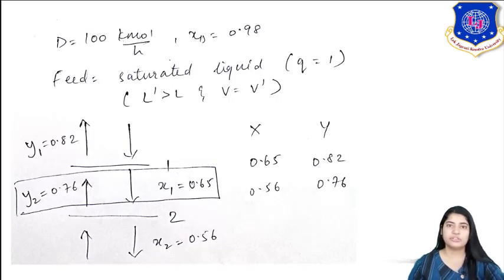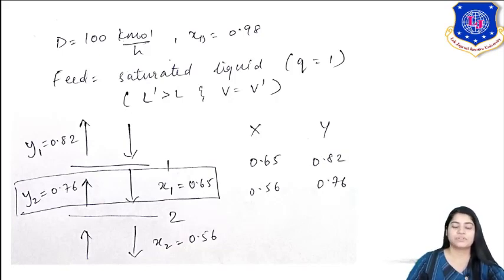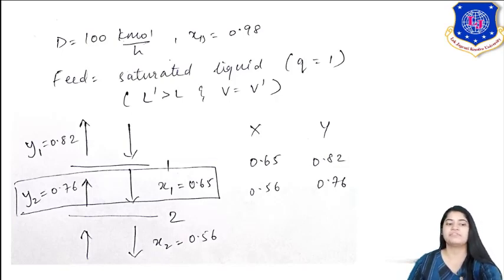Now let's talk about the adjacent plates. So you can see 1 and 2 are my adjacent plates. Be very careful how you are arranging your Y and X terms. From one plate the vapor leaving is Y1, 0.882. As you go upwards, your vapor phase composition increases, hence I am keeping Y1 on top.